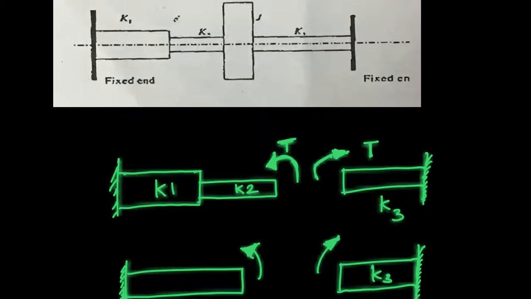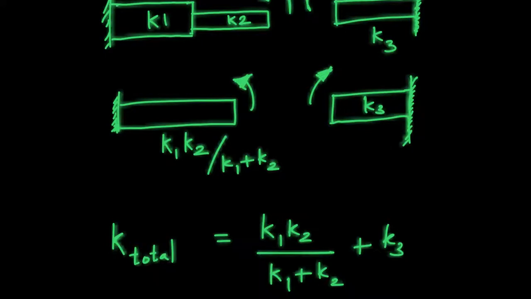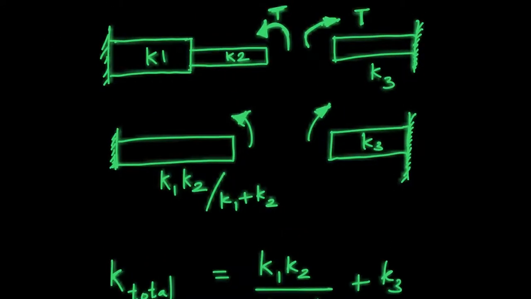So I'm reducing the system from a 3-spring system to a 2-spring system as shown over here, where these two springs are approximated as an effective spring with a stiffness of this much. Now the next question arises, how are these two springs connected? They are connected in parallel. Why? Because the deformation or the angular twist at this particular point for these two springs is the same.